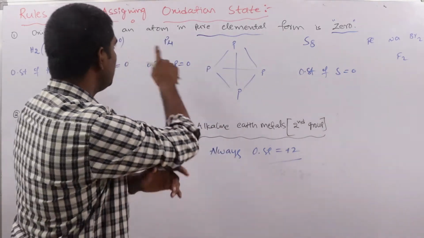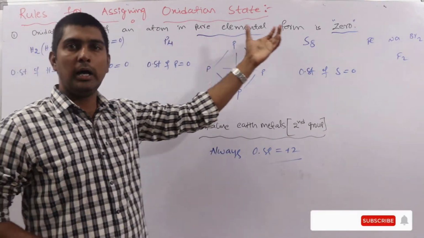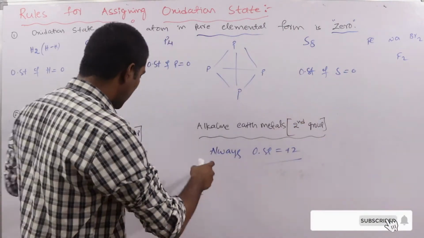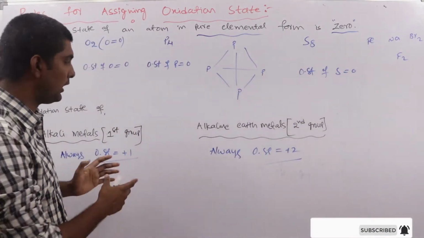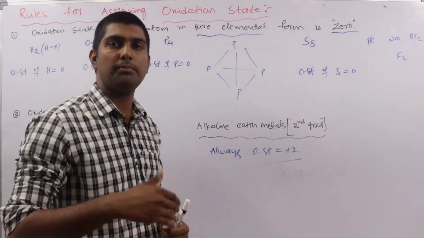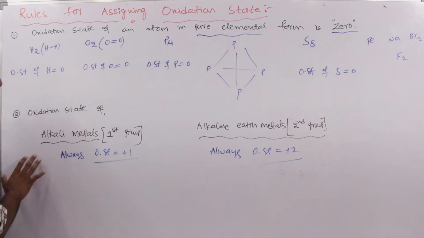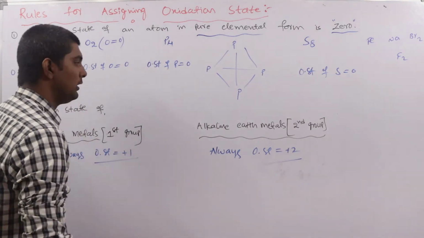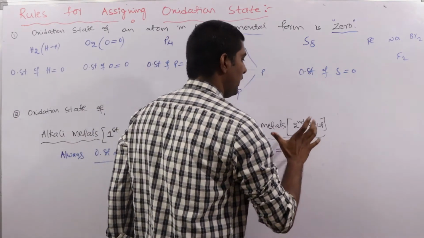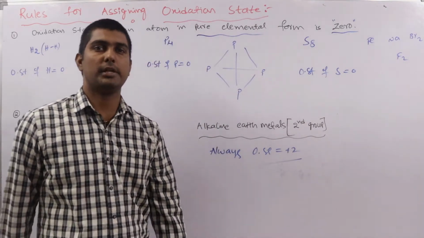Remember that in the elemental state, it is always 0. These rules apply when they are in the combined form, meaning when they are combined with some other elements. So in the combined form, alkali metals are always +1, alkaline earth metals always +2 oxidation state.